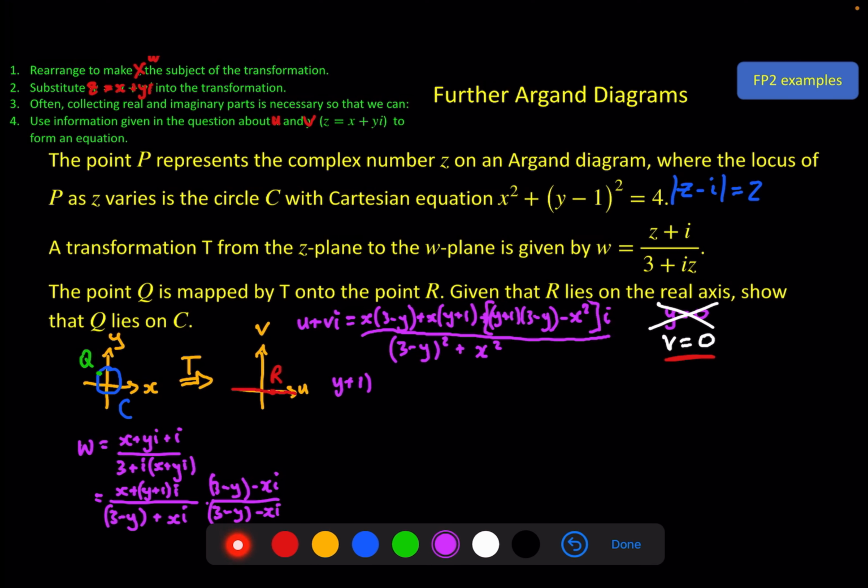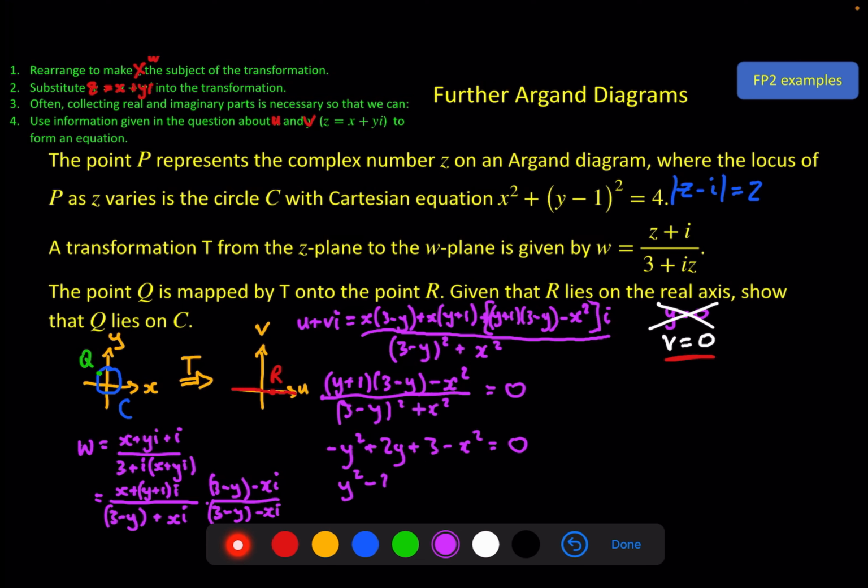(y plus 1)(3 minus y) minus x squared, divided by (3 minus y) squared plus x squared, equals 0, which is nice, the denominator can go away. Expand the numerator, we get minus y squared plus 2y plus 3 minus x squared equals 0.